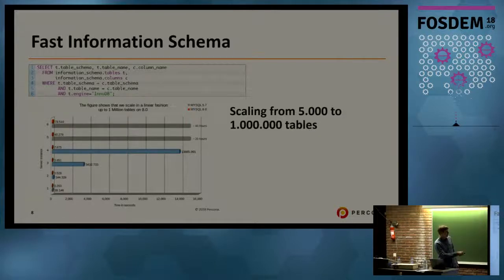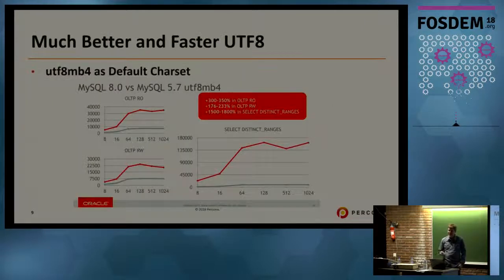And if you went to a million tables in this case, it would not complete even in 40 hours. Now MySQL 8 is able to handle that quite efficiently. Even if you have a million tables, it would take a little bit of time, but 78 seconds is still usable with such a large number of tables.